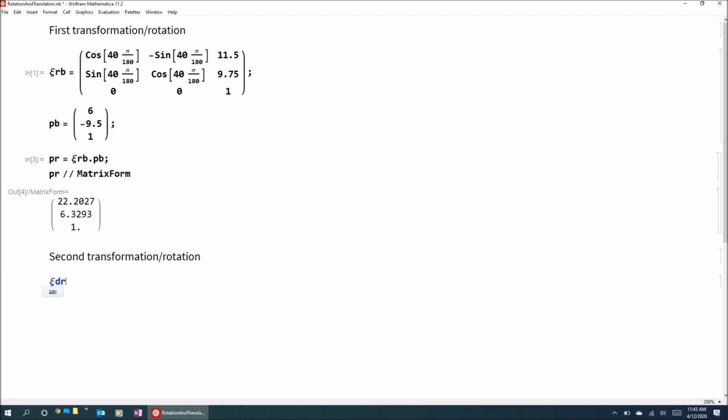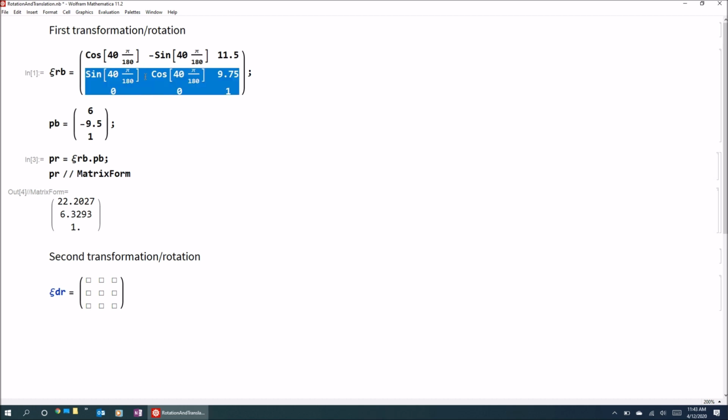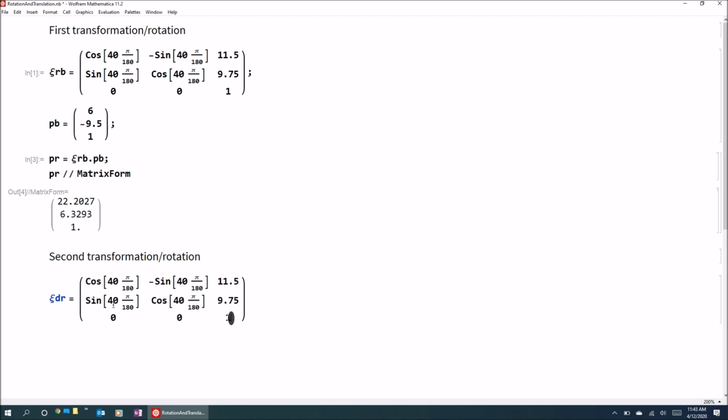That was psi_DR, which again was a 3x3 matrix that looked a whole lot like the first one, except the angle has changed. Instead of being 40, it's now negative 70 degrees. So let's update the angle for the whole rotation matrix portion. And then the translation, which was right here, is now 13.25 and then negative 7.5.